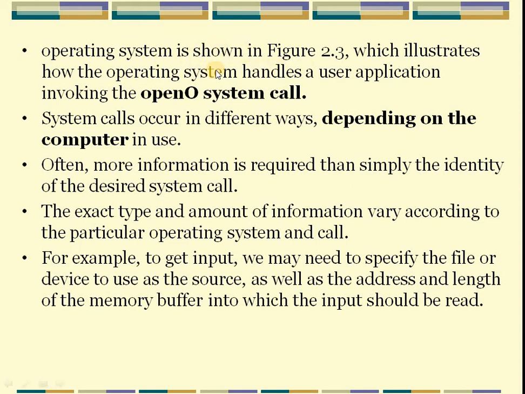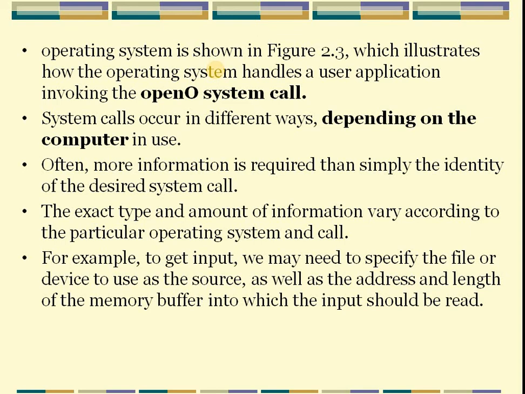In the figure, we see how the operating system handles a user application invoking the open system call. The system call occurs in different ways depending on the computer used. More information is required than simply identifying the desired system call in the table index.